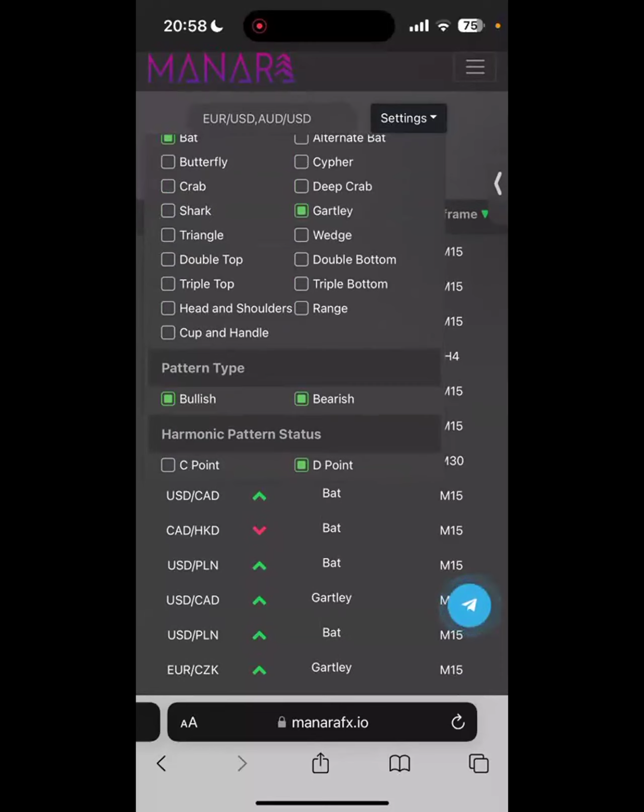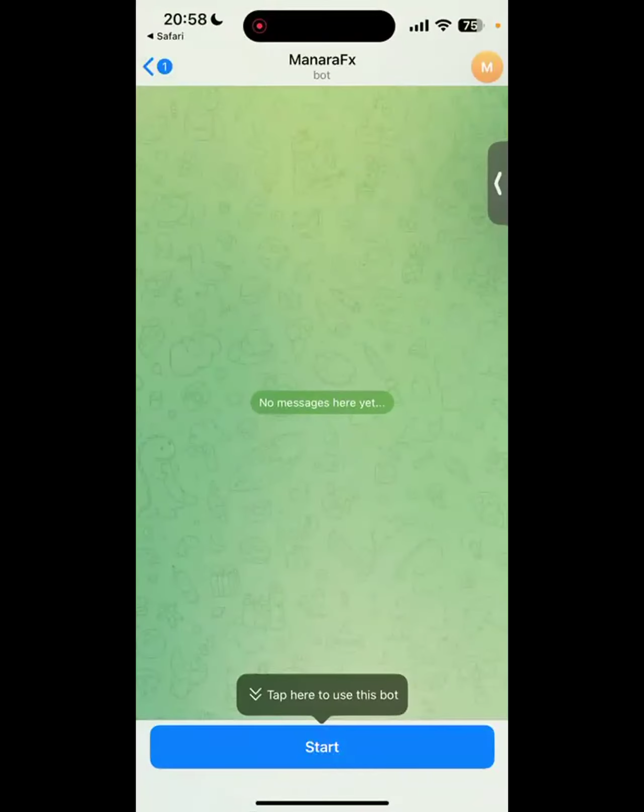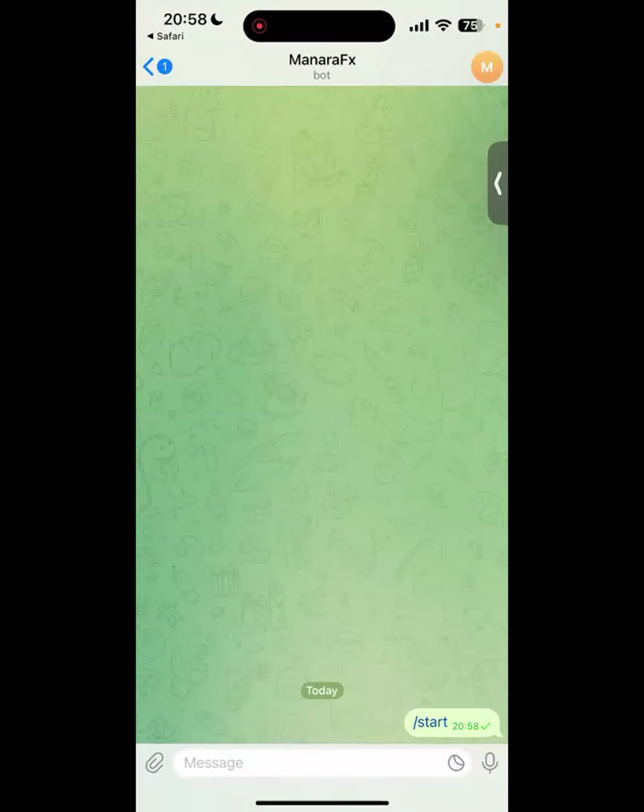Now, once you've done your notification setup, you can always just click the Telegram icon. Can you see this Telegram icon beaming at you? Yeah. So it connects your Manara straight to your Telegram. Just click on that. It says open in Telegram. So you just click start, and then type alert.